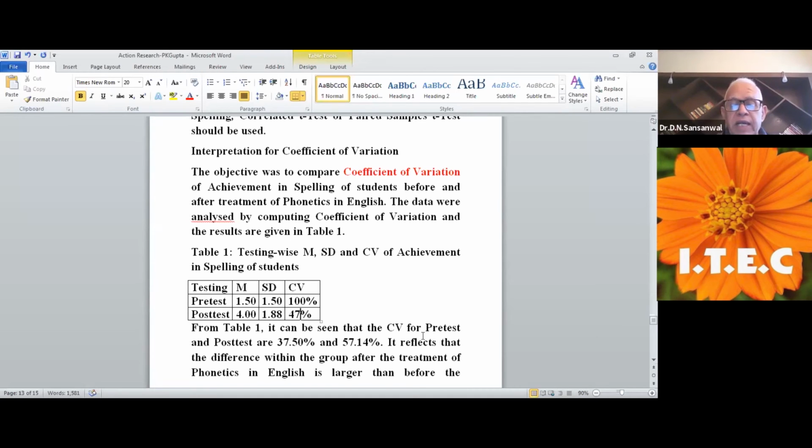So the CV for the pre-test is 100%, and for this it is 47.0%.